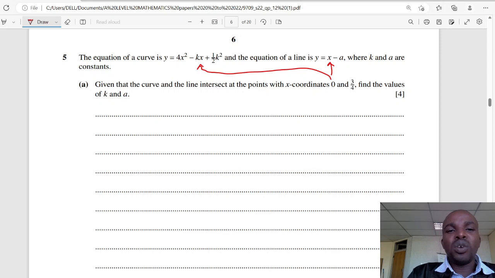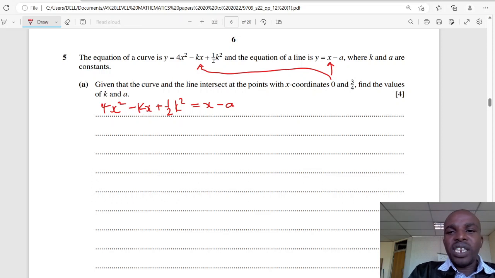So they must satisfy the equations of the two items. But let's find the point of intersection. You equate the two equations. So it will be 4x squared minus kx plus half k squared is equal to x minus a, right?